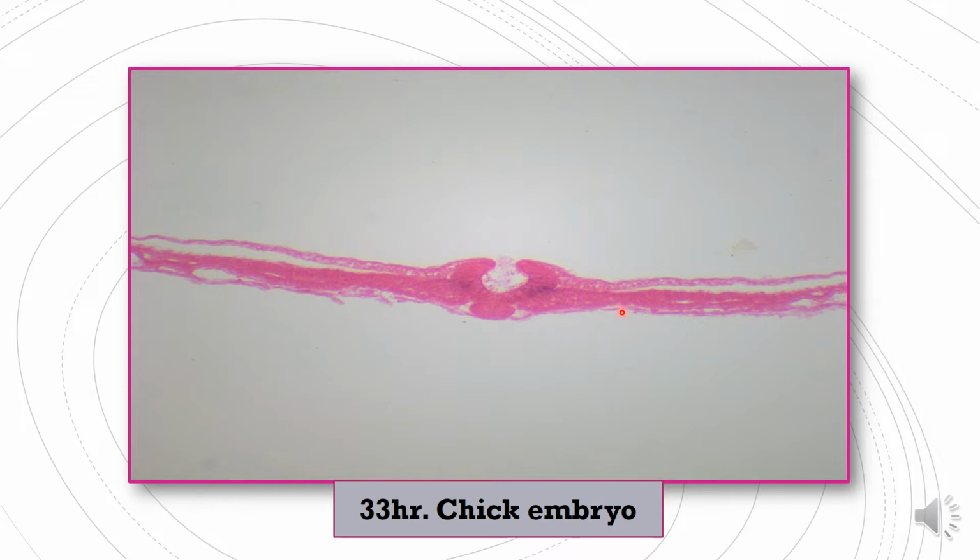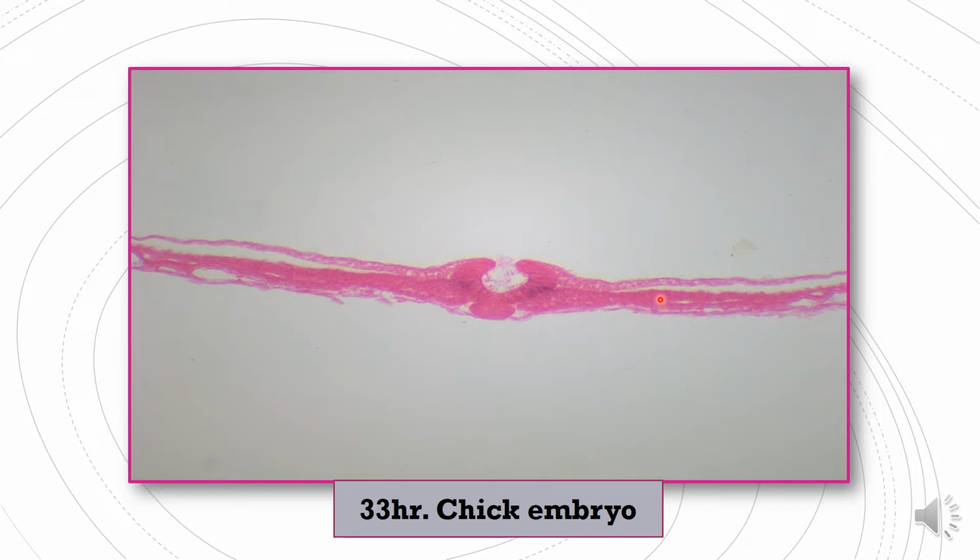The middle part of the mesoderm, the intermediate mesoderm, later forms the kidney systems. And the third part of the mesoderm is the lateral plate of the mesoderm, which is divided by a small cavity. This cavity is called the intraembryonic cavity.